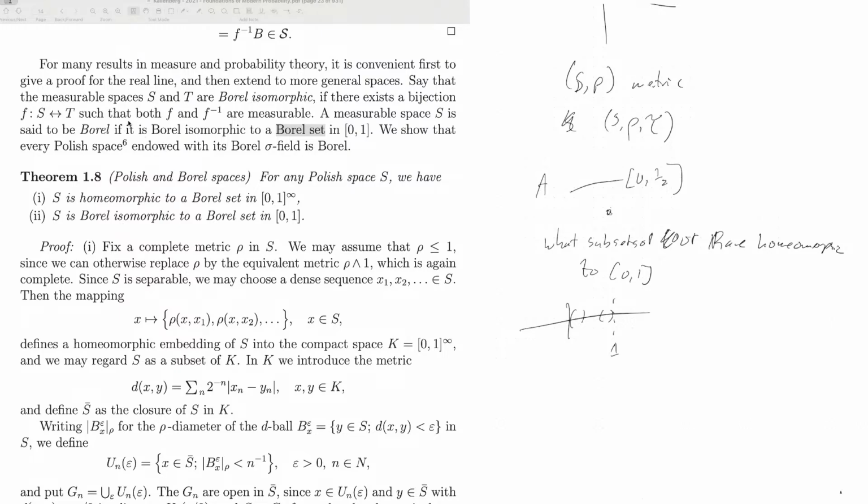So we say that measurable spaces are Borel isomorphic if there exists a bijection such that both are measurable. I see.